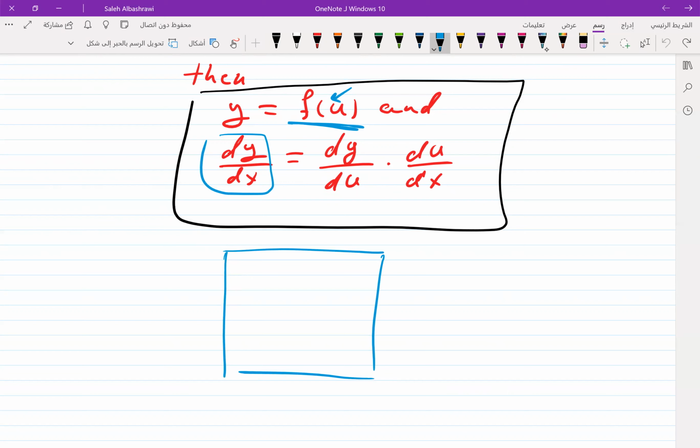To make this rule clear, we can think about the composition of two functions like we have two boxes. The outer box is f. Inside that one is g, and inside g we have x.